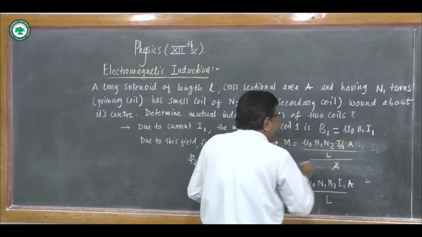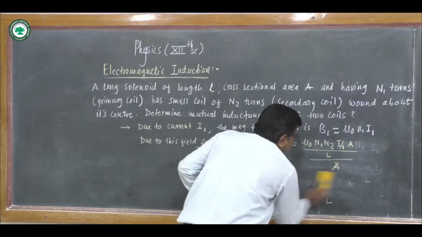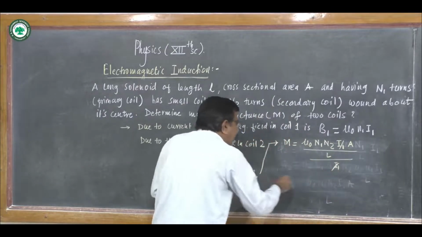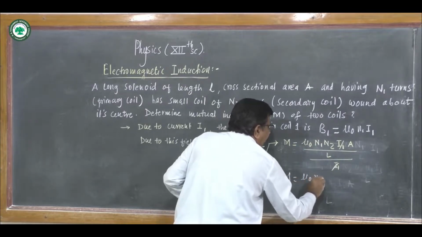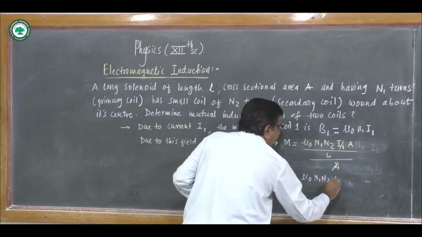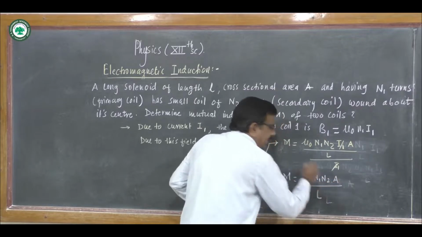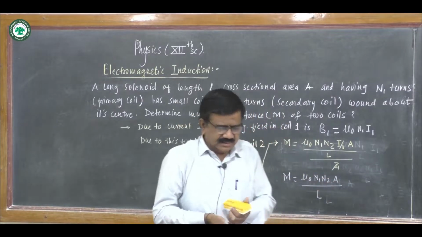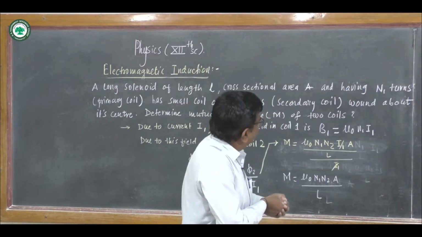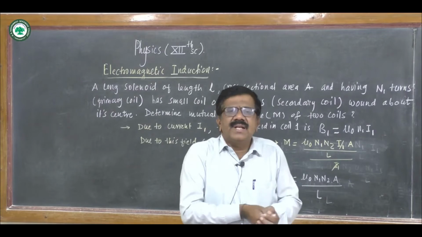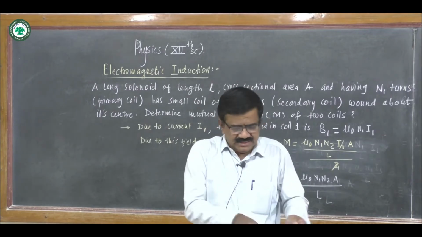This I1 gets cancelled, and we get the value of M, the mutual inductance, as mu 0 N1 N2 A upon L. So this is about the numericals. Now we stop here. Thank you.